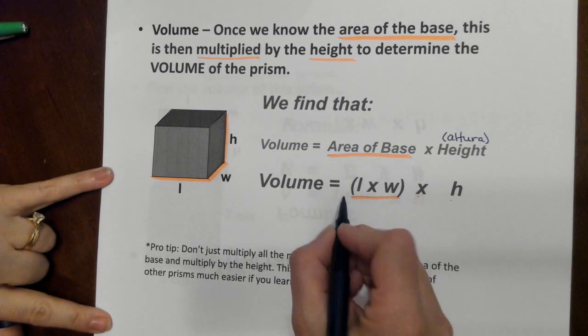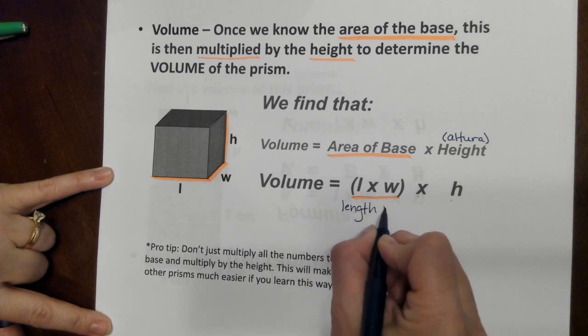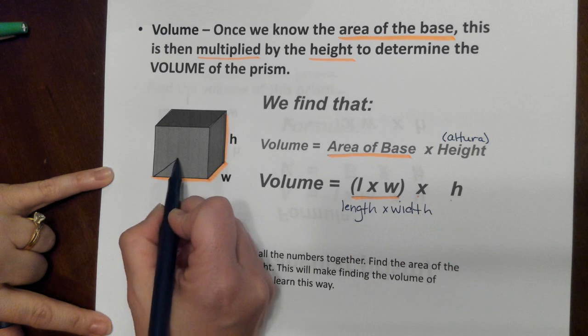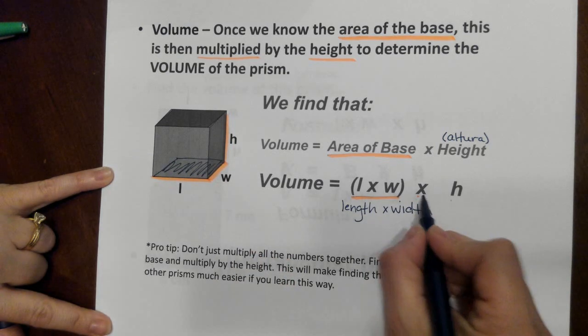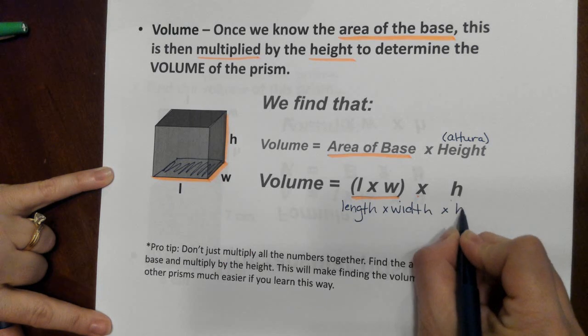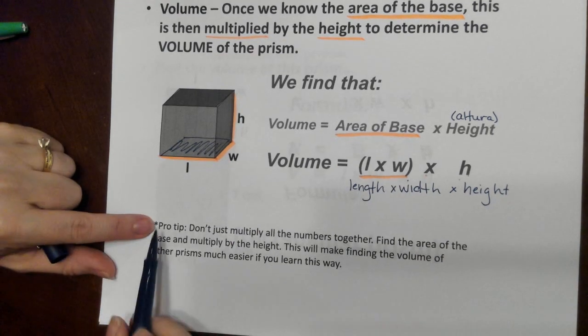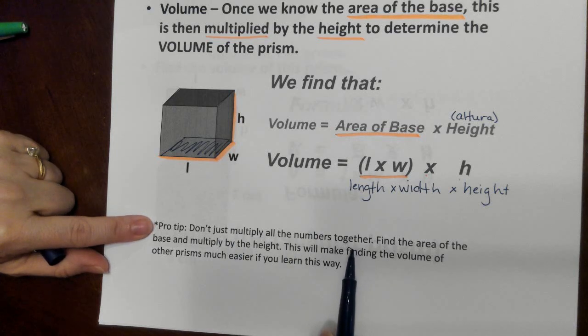So think about that. It's length times width, which gives you that base, times height. Okay, so don't just multiply the numbers together, which is what we have a tendency to do.